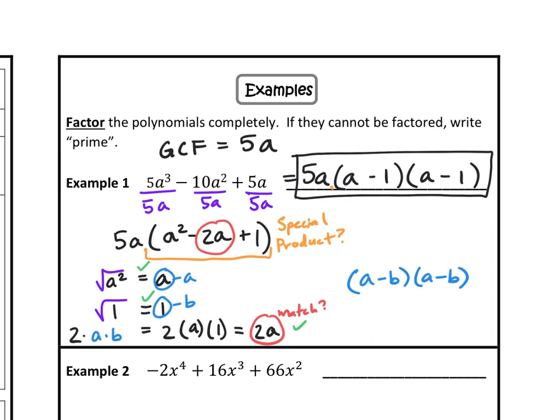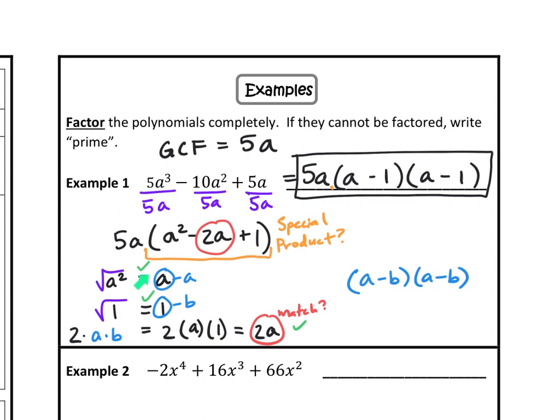Okay, so let's recap, right? What we did is, first of all, we checked to see if the problem had a GCF. And it did. Everything was divisible by 5. Everything had at least one a. And so I divided by that GCF and I brought it outside. Then I checked to see what I had left over, the orange part, is this a special product?